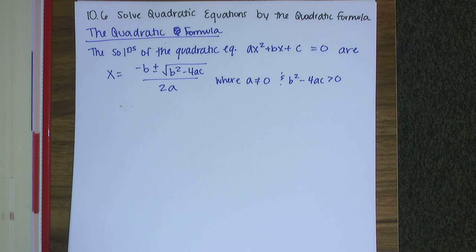Factoring. The section that we skipped, 10.3, would have showed you we could do it by graphing. In 10.4, we did it by finding square roots, so that was the last section. The section we've skipped temporarily is completing the square, 10.5, and 10.6 is what we're on now, so using the quadratic formula. If all else fails, the quadratic formula works. So, if no other method works, go with that one.